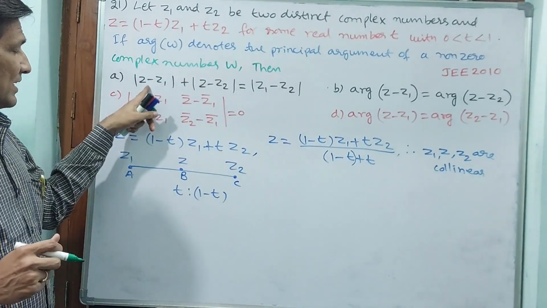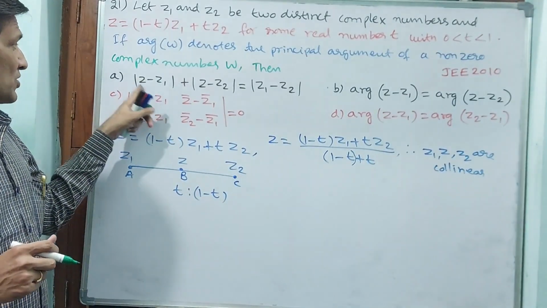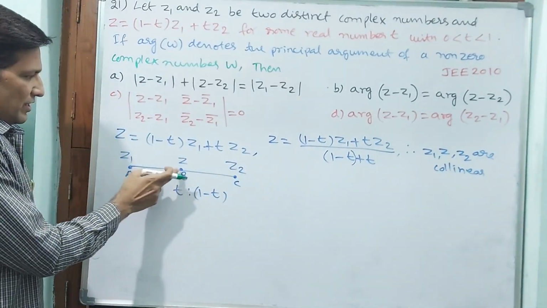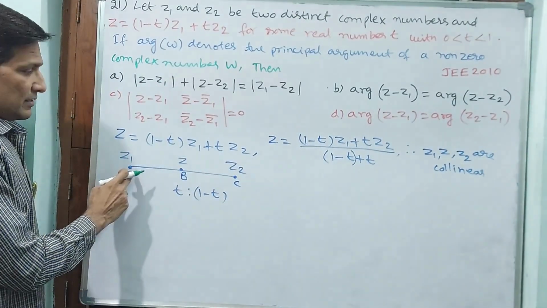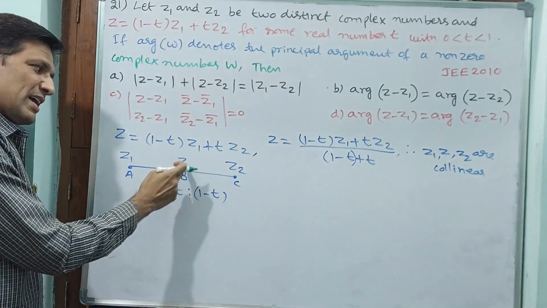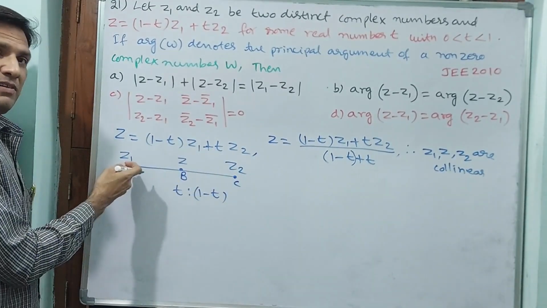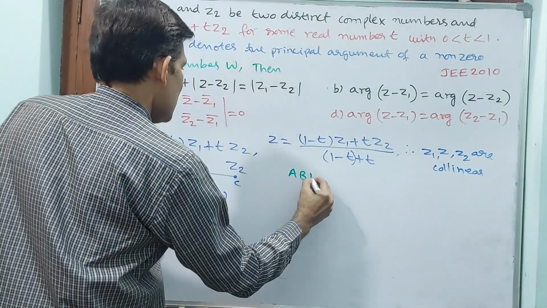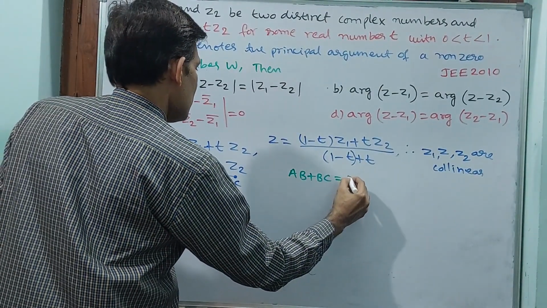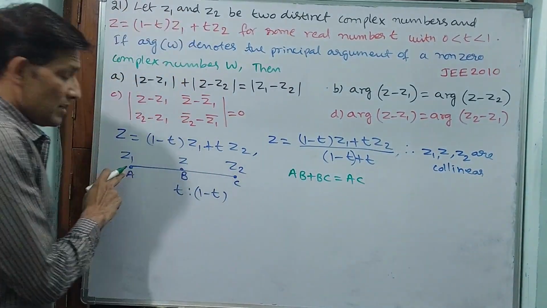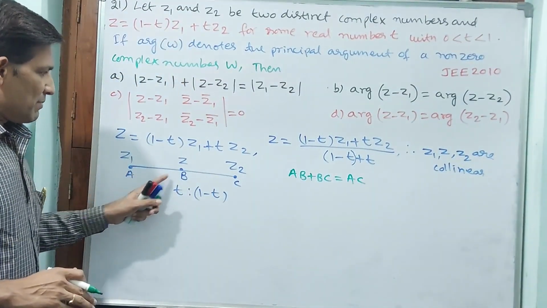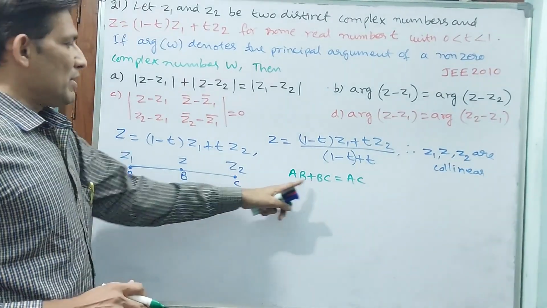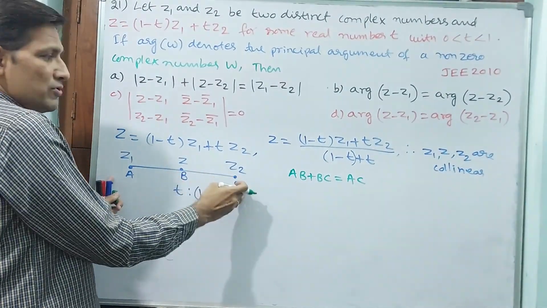Another thing you see here, first option A, Z minus Z1. You see, Z minus Z1 plus Z2 minus Z is equal to Z2 minus Z1. Why? Because AB plus BC is equal to AC, like vectors.